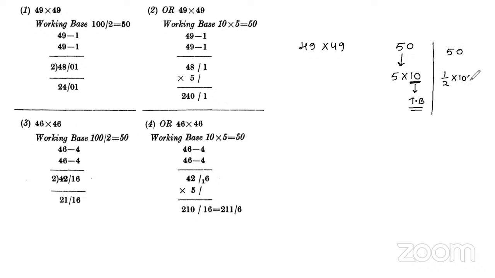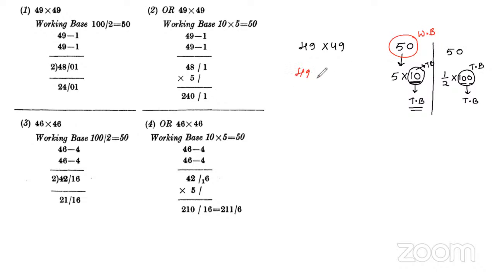Half of the 100 also means the number of zeros in the 100. This is the theoretical base. It indicates the number of places in the right hand position. Now that is the reason I told you sometimes the base is called the theoretical base. But the working base is 50 only. Working base means we are finding the deviation by the working base.